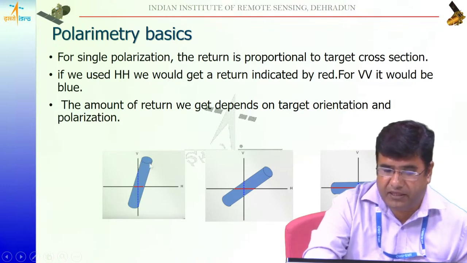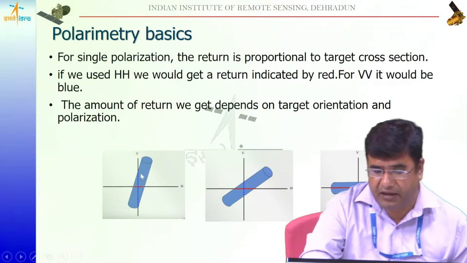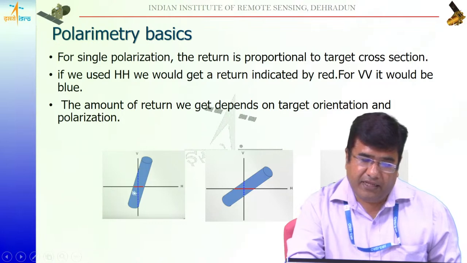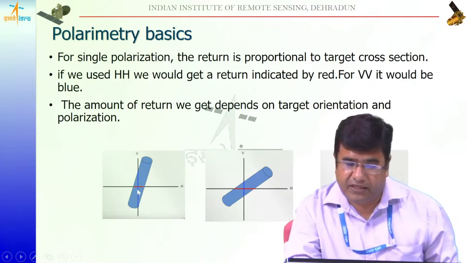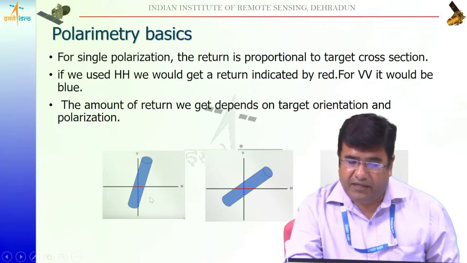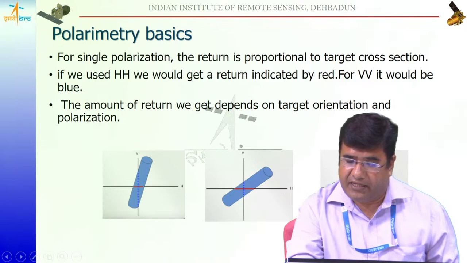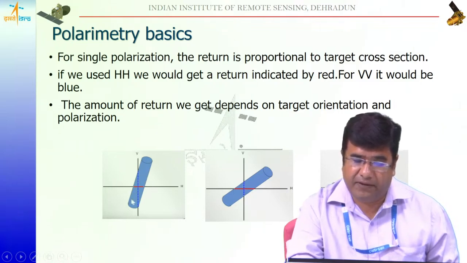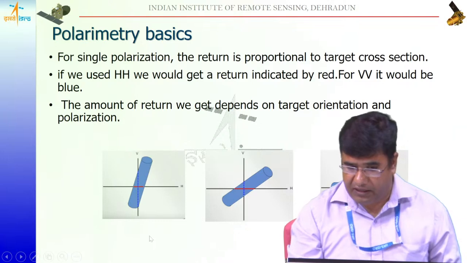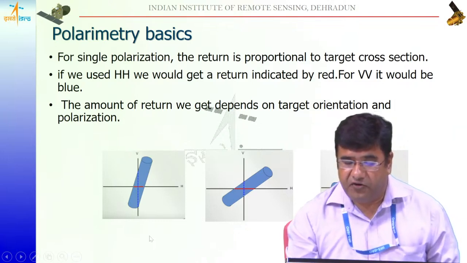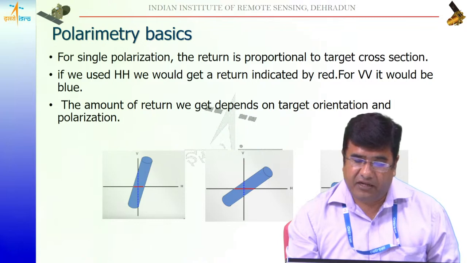So due to the orientation, we can divide the thing into H and V. We can see how much is the orientation in the horizontal direction and in the vertical direction, and accordingly in the SAR image the backscatter is there. If it is like this orientation, it will appear higher in the HH polarization. And if it has this orientation, then it appears with higher backscatter in the VV image. So that is the effect of the orientation of different features in the SAR image.